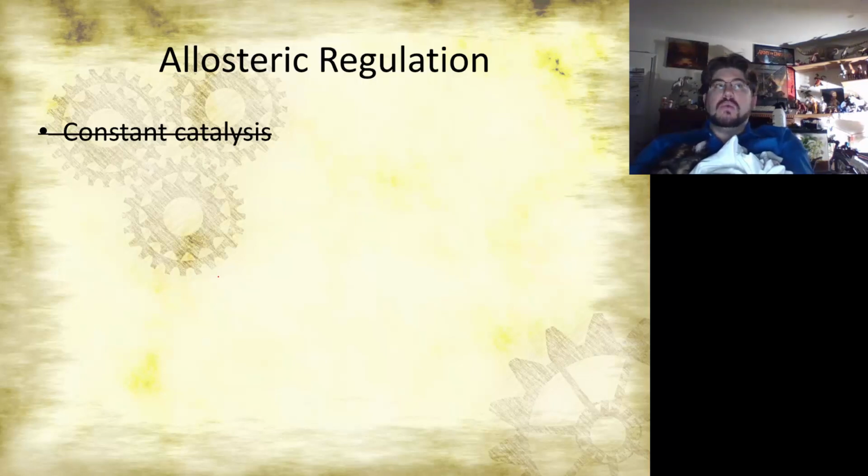Sometimes you don't want that. Maybe you're trying to build up a specific concentration of substrate. So if the substrate concentration dips too low, you don't want the enzymes to continue catalyzing that substrate. So you turn it off. So you have an allosteric switch.